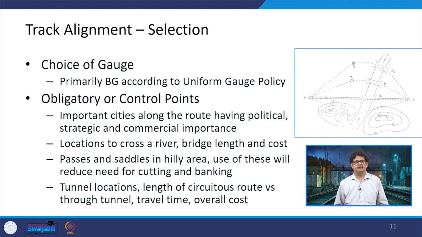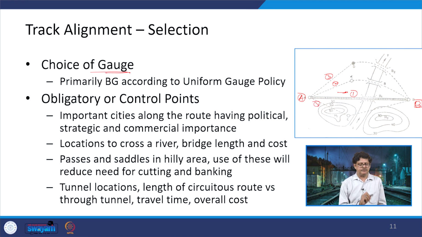Coming to the selection now, the very first thing is which gauge should be used. We are going to provide a connectivity from point A to point B. There can be a direct connectivity as provided by this first one, and there can be indirect connectivities as 2, 3 or 4.